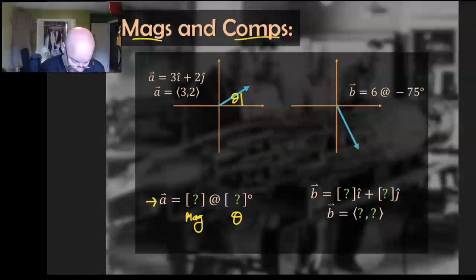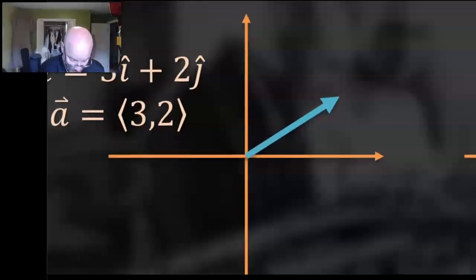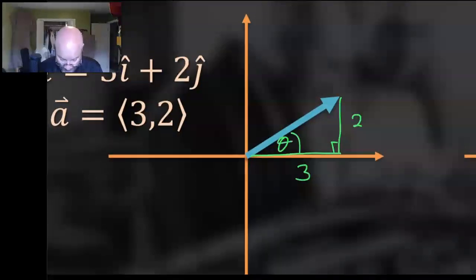The way we get at that is by thinking about this as a triangle. We already know this side is 2, this side is 3. We need theta right there, so we use tangents.